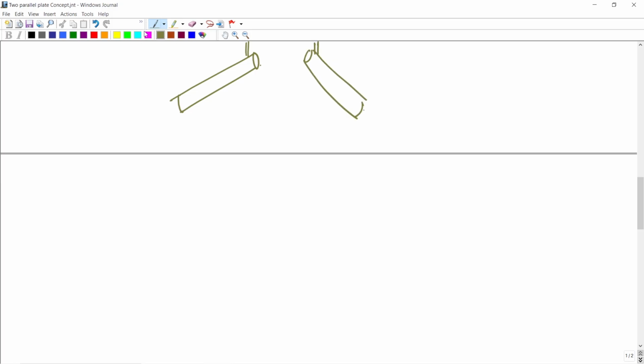Say this glass rod is positive and this plastic rod is negative. Here we see this glass rod moves towards the plastic rod and the plastic rod moves towards the glass rod. Here we see an attractive force.